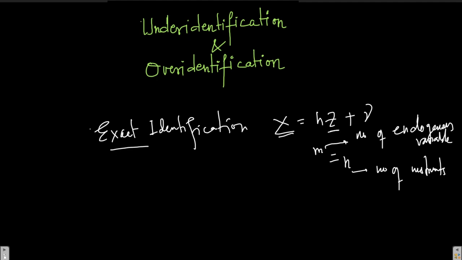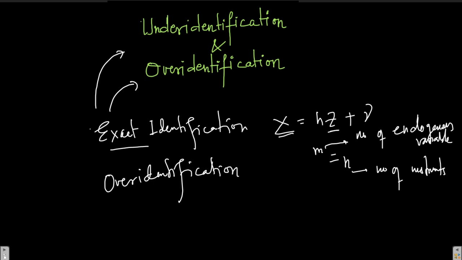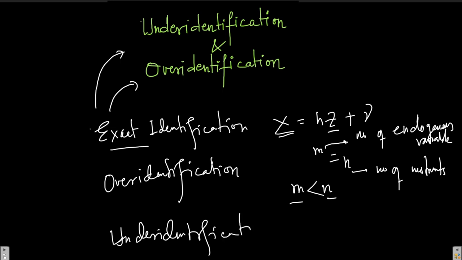From this definition, we can clearly make sense of what a case of under-identification and over-identification could be. When we say over-identification, I will have more instruments than endogenous variables, so m is less than n. Under-identification, quite obviously, is the reverse: m is greater than n.